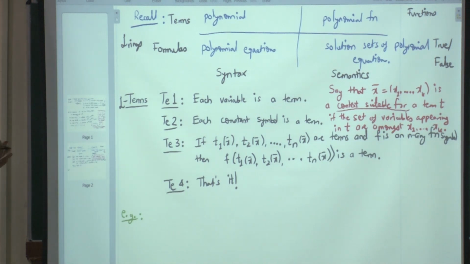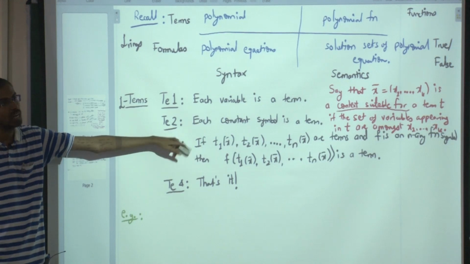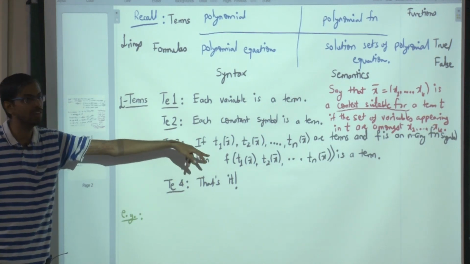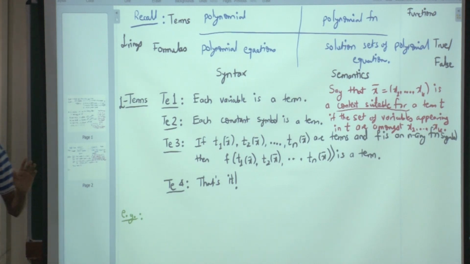There are only finitely many variables being used, so a finite union is again finite. Therefore x bar is a context suitable for all the terms together, and that becomes a context for f of T1, T2, Tn also. Okay, so let us do an example, it will make things clearer.